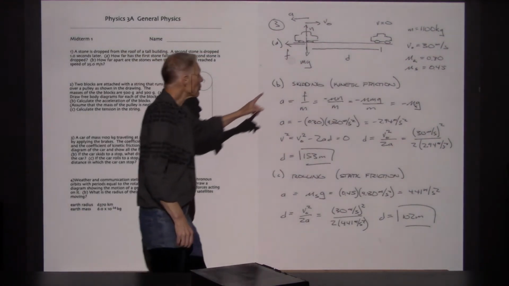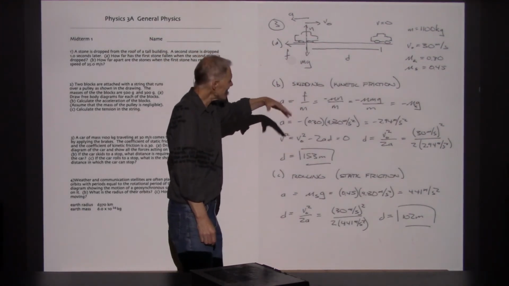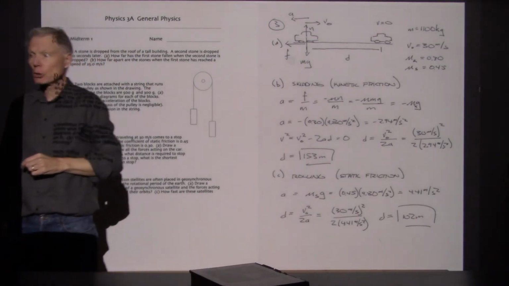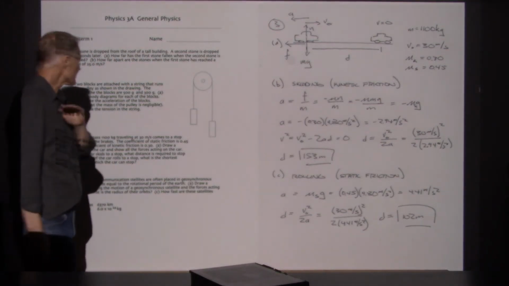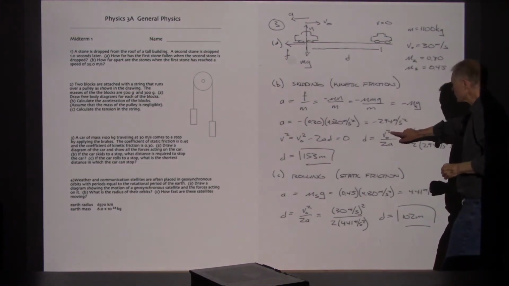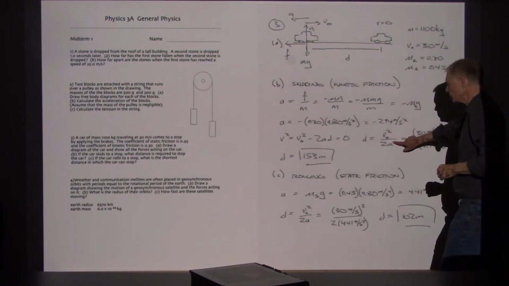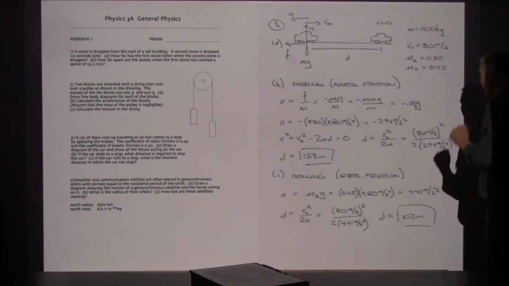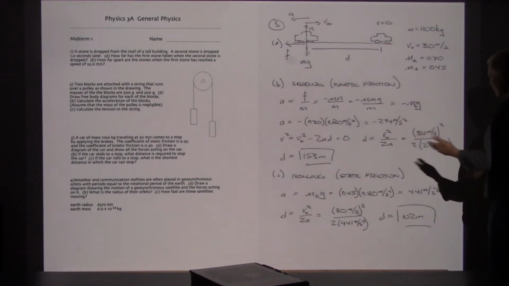All right, so when we put in the different coefficient, again, the static coefficient is better, but it's not hugely better. The same formula applies here. We can do v naught squared over 2 times the acceleration. This time the acceleration will be a bit larger. So I kind of changed the signs here mid-problem.